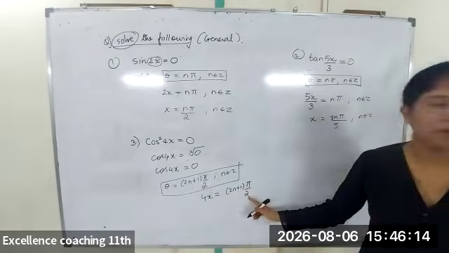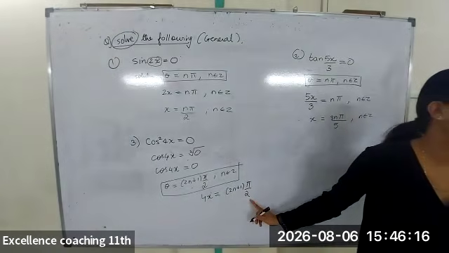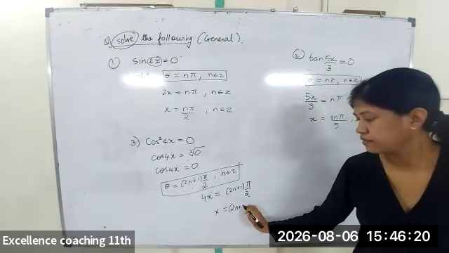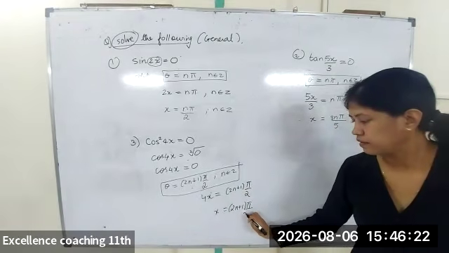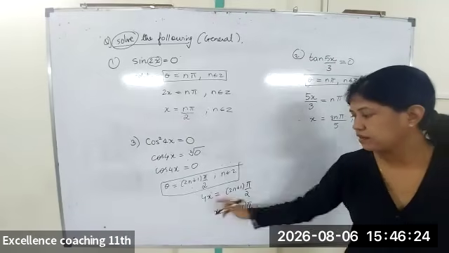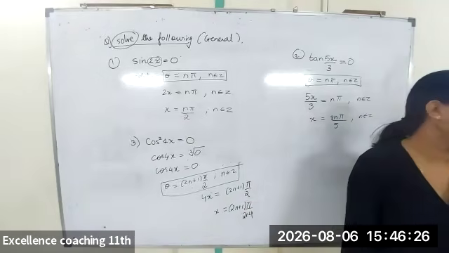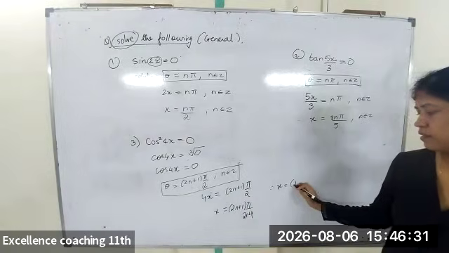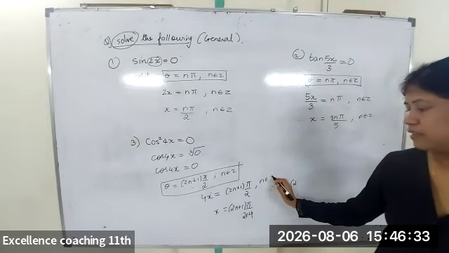Now, this 4 will come down and get multiplied here for 2. Directly also give it pi by 8. It's fine. n belongs to Z, right?